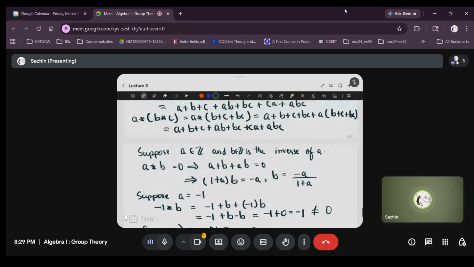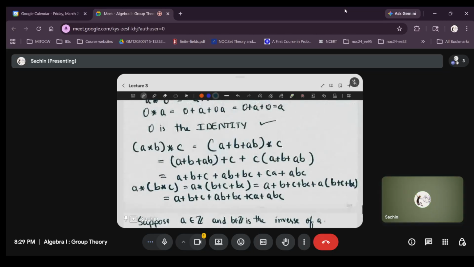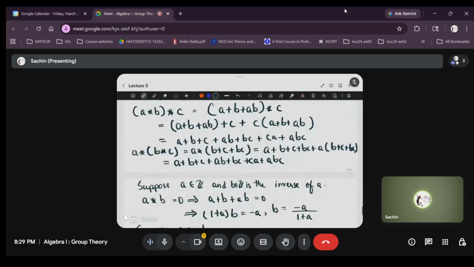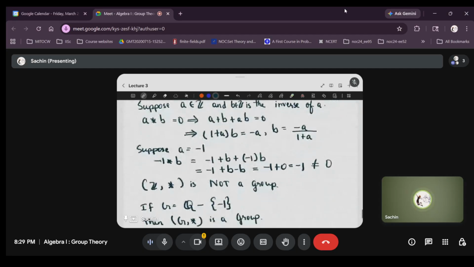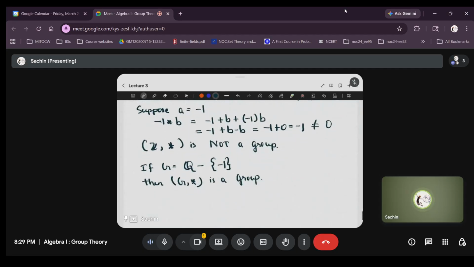So the only problem for us was the inverses, and if we make the set into the group of rational numbers, then it has an inverse. Every element has an inverse except minus 1. So if we take away minus 1, it forms a group.